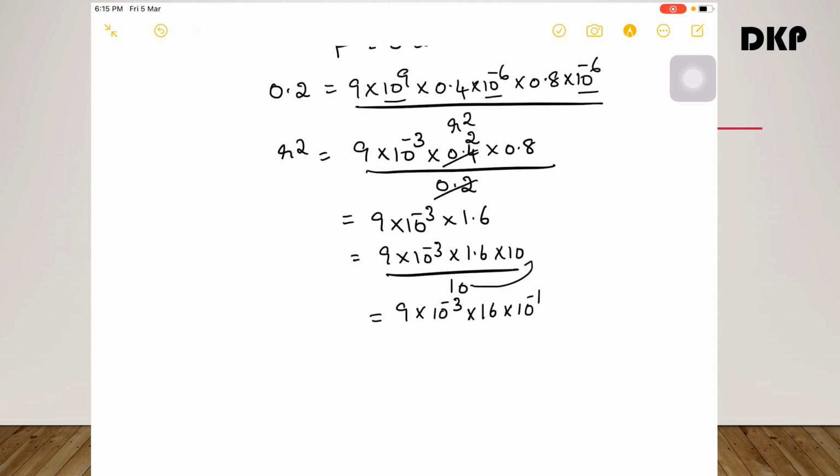I can bring this 10 to the numerator, so that I can write it as 10 to the power of minus 1. This is equal to 9 into 16 into 10 to the power of minus 4.